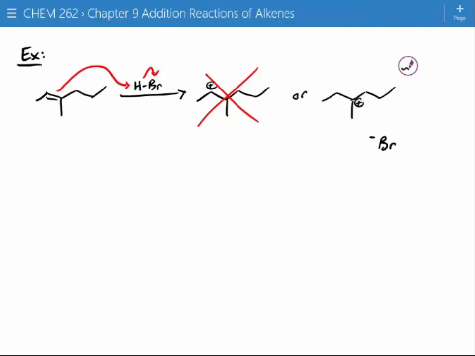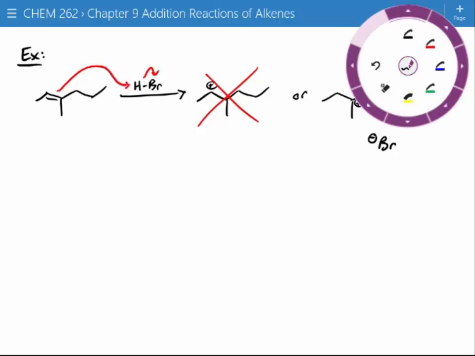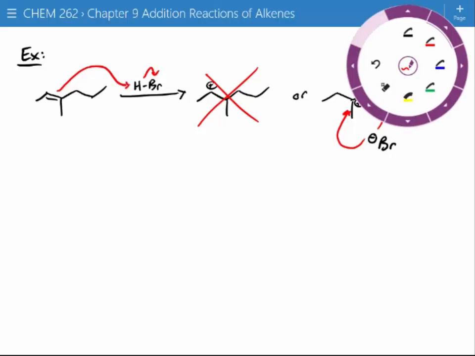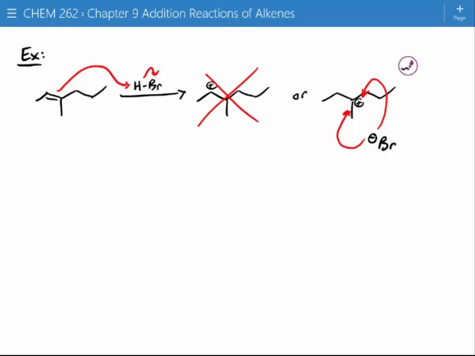And we've also got this bromide floating around. So if this bromide floats around, it wants to find a positive partner to bond with. This one can attack from either that top face or the bottom face of that carbocation, with equal probability in this case. And so if we look at our products, we may want to look at our stereochemistry.